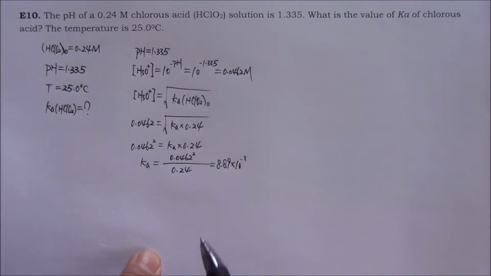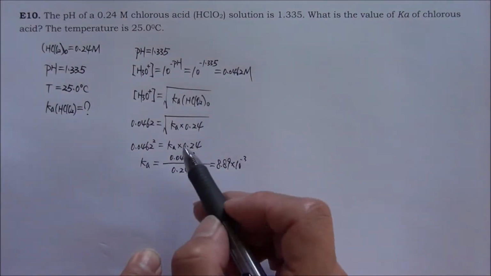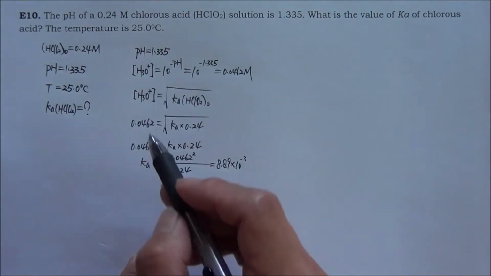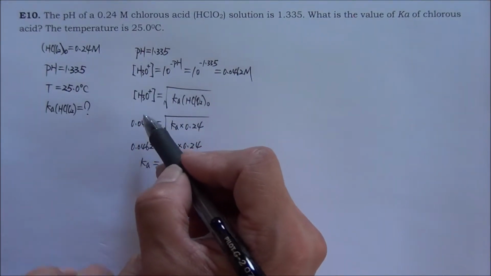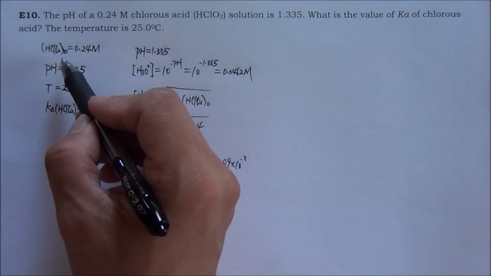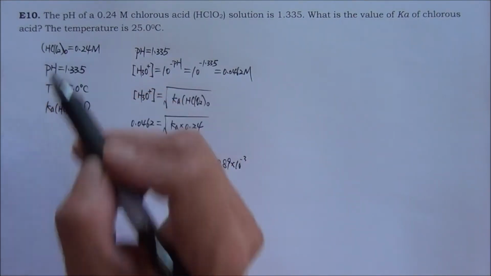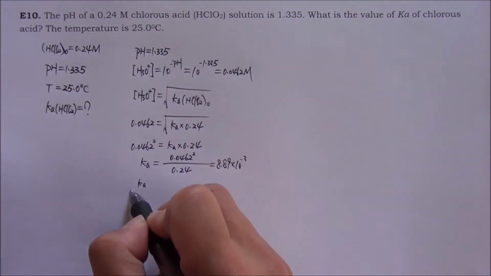After our calculation of Ka, we need to check our assumptions, because we can only use this equation to calculate the equilibrium concentration of the hydronium ion if the ratio between Ka and the initial concentration of the acid is less than 10 to the negative 3. Let's check that now.